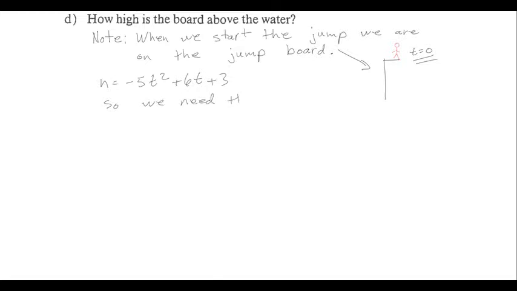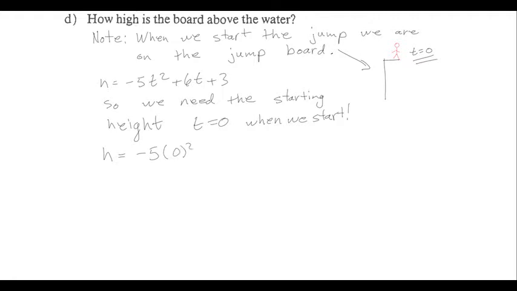And basically what we're looking for is the initial height, the starting height, right? Now, the starting height happens when our time is equal to 0. So in essence, we're just going to substitute t as 0 into our equation, or use the rules that we learned from before. Anytime we have something in standard form, we just read the final answer off.